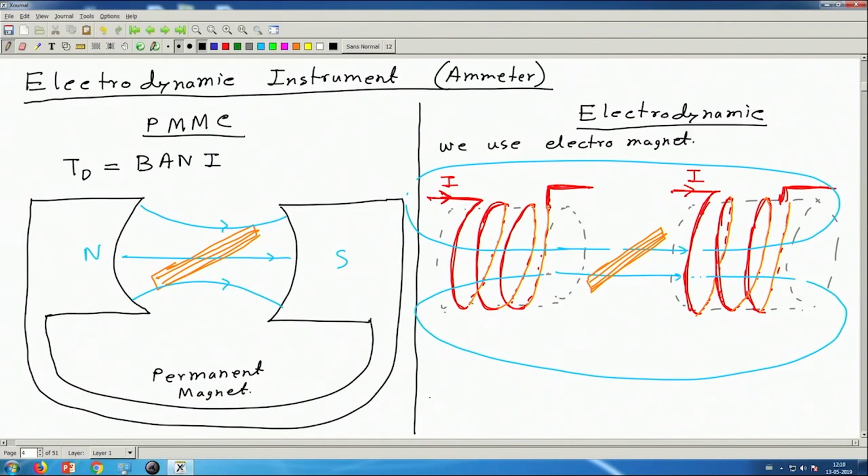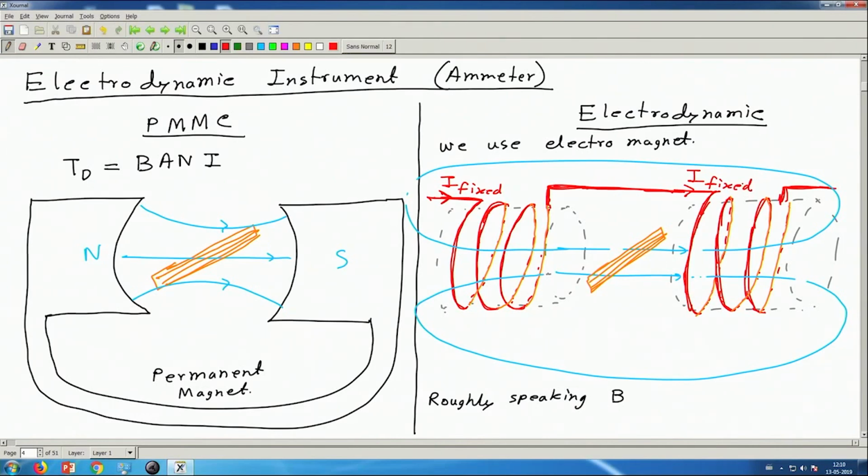So, roughly speaking, we can say that the flux density B here will be proportional to the current which flows through this pair of coils. So, I can actually join these two coils together in series, so that the same amount of current flows, and let me call this current I_F, or you can call it I fixed, because these two coils are fixed coils.